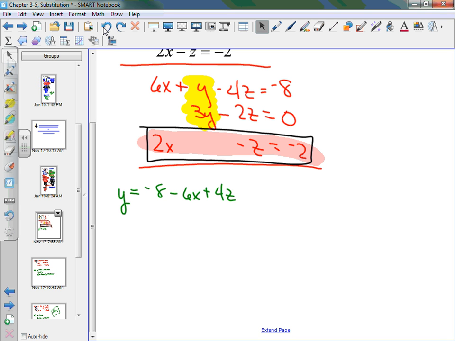Aw, I hate it when I do that. I forgot that after the parentheses. Sorry, guys. So I forgot the 2z after the parentheses completely. Thank you. Negative 24 minus 18x plus 12z minus 2z is equal to 0. Combine like terms.